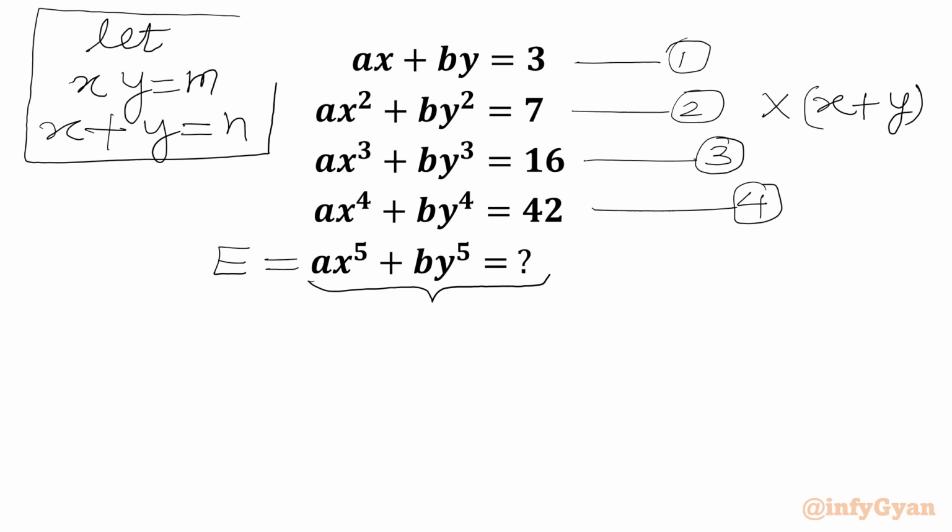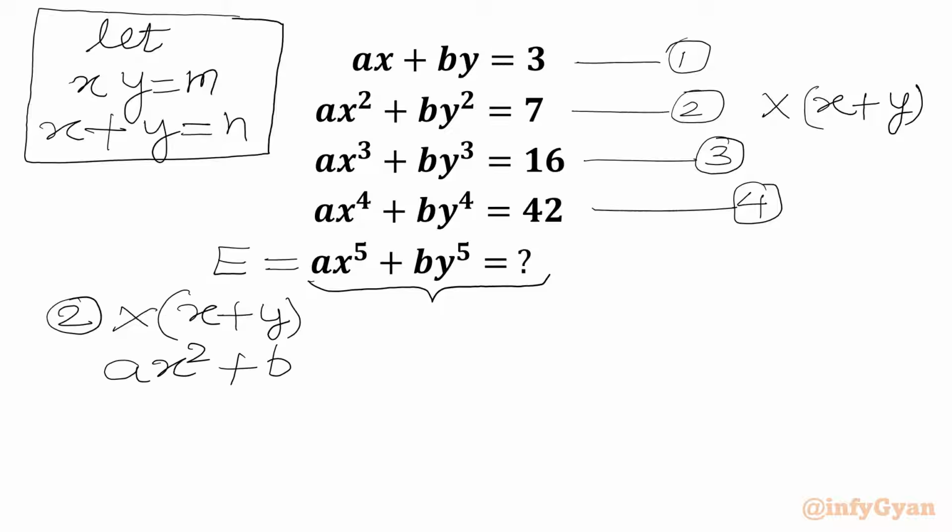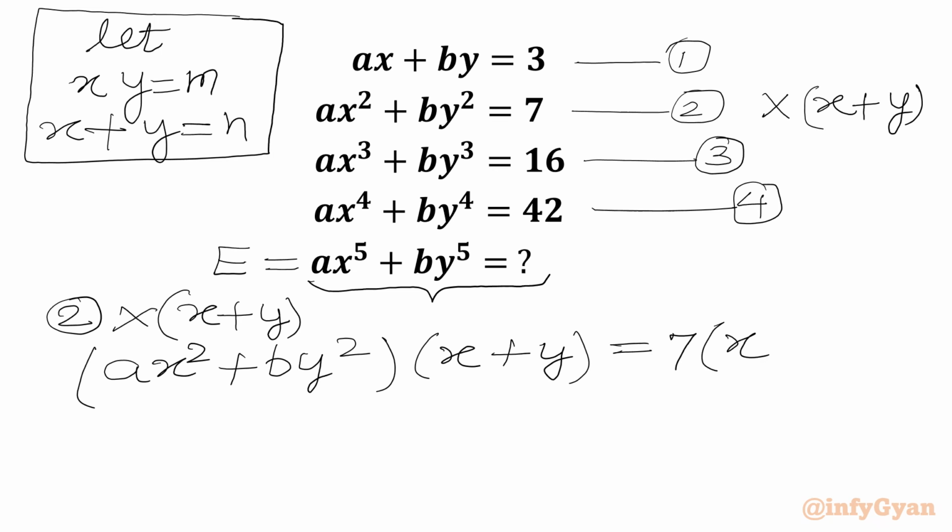Now we are going to multiply equation number 2 with x plus y. So I can write here (ax² + by²) times (x + y) in the LHS equal to 7 times (x + y).